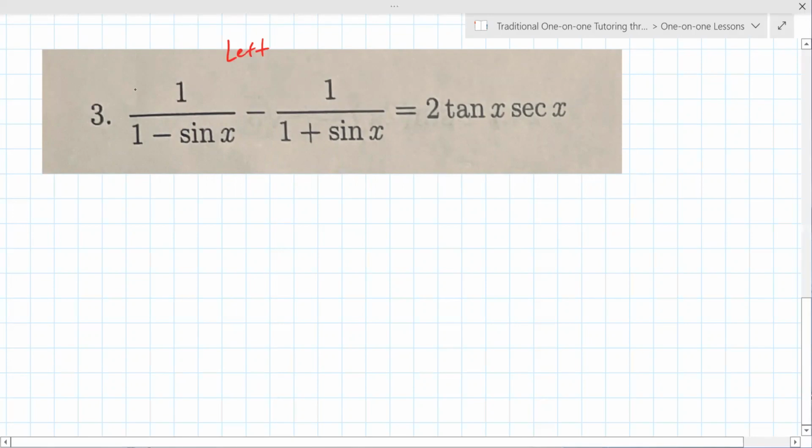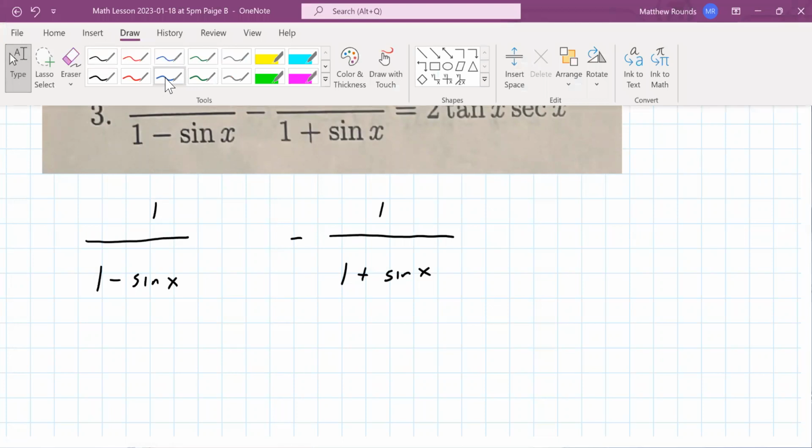Just like in the previous problem, you generally want to make a common denominator. And you do that by multiplying by the other one. It just so happens to be the conjugate, which is helpful. You do use this technique of multiplying by the conjugate a lot in this class. So I'll write that here.